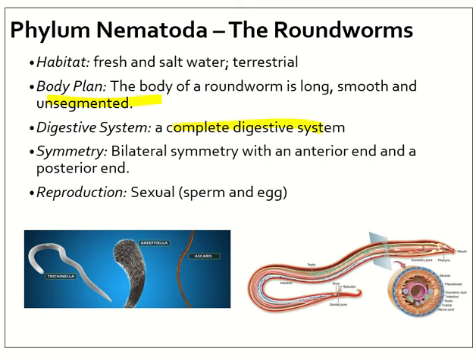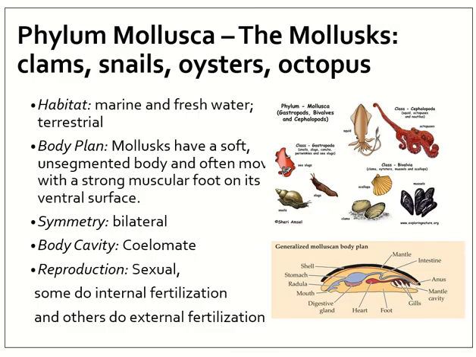They now have a complete digestive tract. So when you're looking at it, you can see it has 2 openings, so food and waste go in and out of separate openings. They again show bilateral symmetry, and they show sexual reproduction. These are not hermaphrodites like the Platyhelminthes.